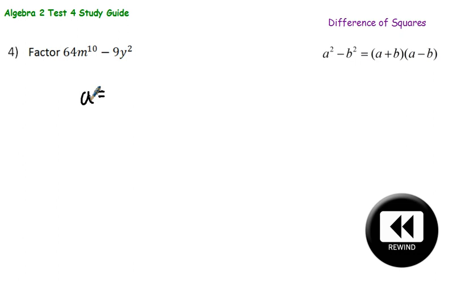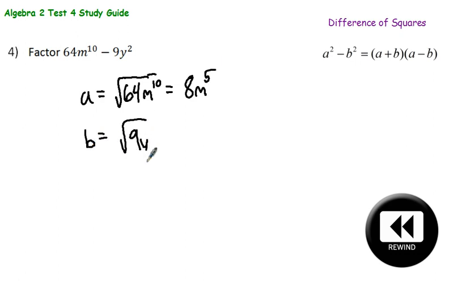All right, so A equals the square root of 64m to the 10th, which would be 8m to the 5th. And B is the square root of 9y squared, which would be 3y. All right, so difference of squares. How I recognize difference of squares: it's got two terms that are always being subtracted.